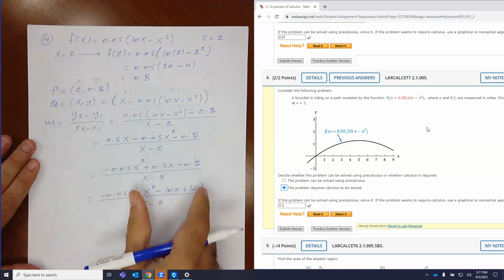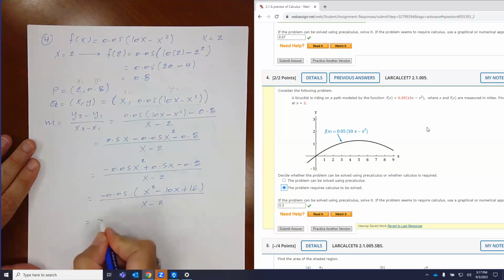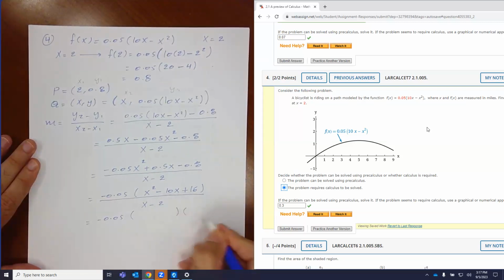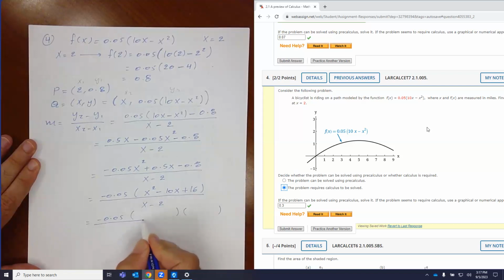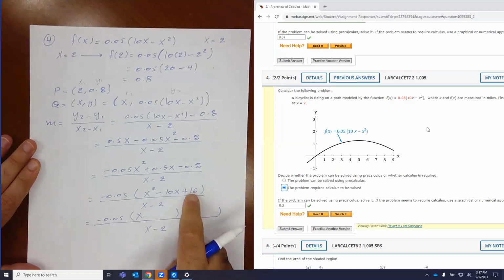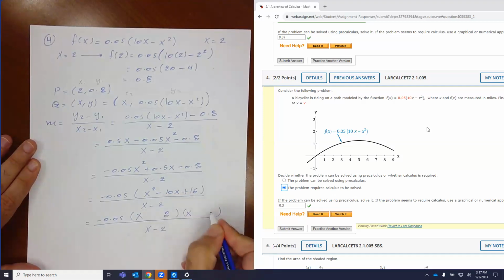Now I can factor this part. So I'm going to say it's negative 0.05, open 2 parentheses, and everything is over x minus 2. I'm going to put x here; 16 is 8 times 2, and if you add 8 plus 2 it's going to be 10. So I'm going to put 8, I'm going to put 2, negative, negative.